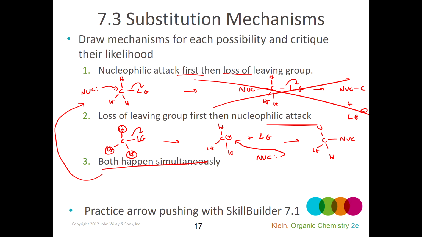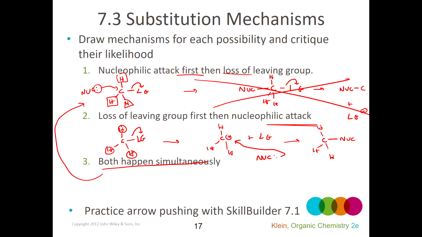And so the biggest factors that determine which happens are sterics and the stability of the carbocation. And so we're going to talk about this in detail. Just wanted to mention, generally, if the groups attached here aren't too big and their electron clouds aren't too big and they don't block out the electron cloud of the attacking nucleophile, then usually this type of situation where the nucleophilic attack and loss of leaving group happen at the same time is possible.